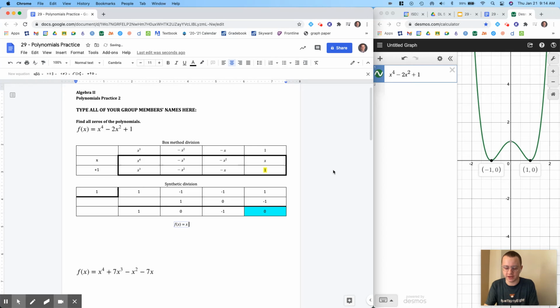F of x, so I inserted a new equation. It was originally x to the fourth minus 2x squared plus 1, right? But I can rewrite it as x plus 1. That was the first factor. The second factor is the one that I got here, which was x minus 1. Remember the factor theorem. Remember that it's a little bit weird with synthetic division. But then what am I left with here?